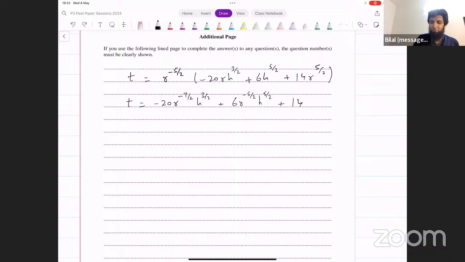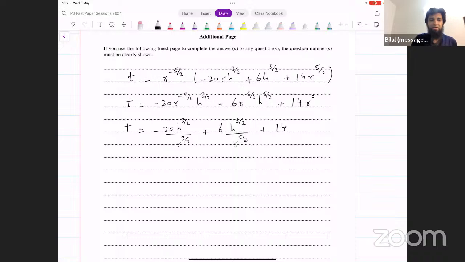That just becomes 1. So it's r raised to power 0. Now, if you want, you can write it like this: minus 20 h raised to power 3/2 over r raised to power 3/2 plus 6 h raised to power 5/2 over r raised to power 5/2 plus 14.